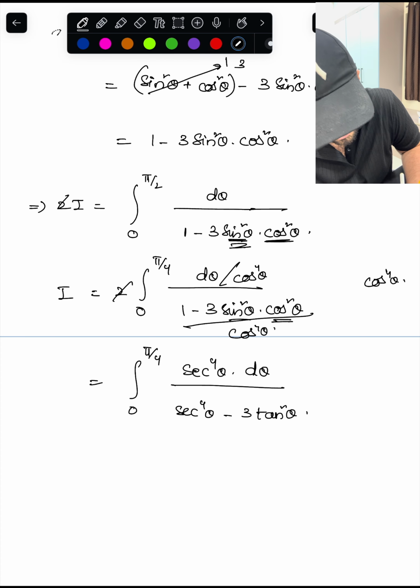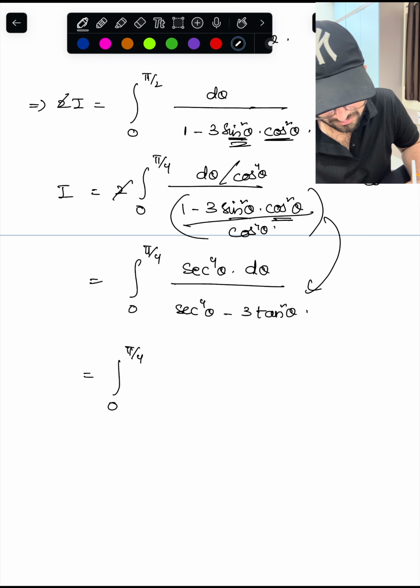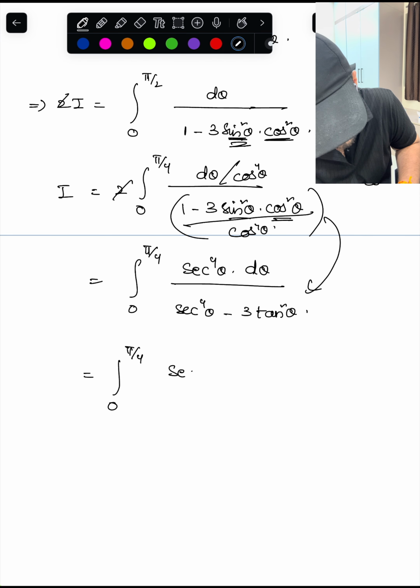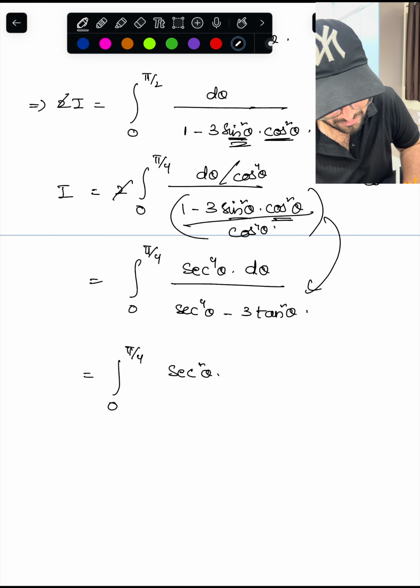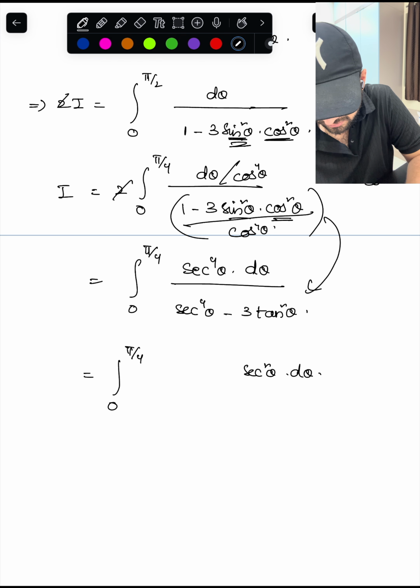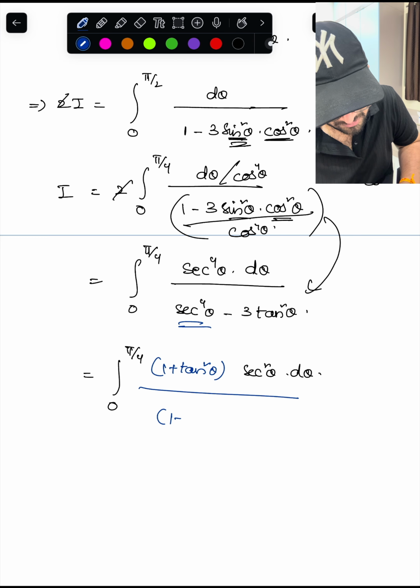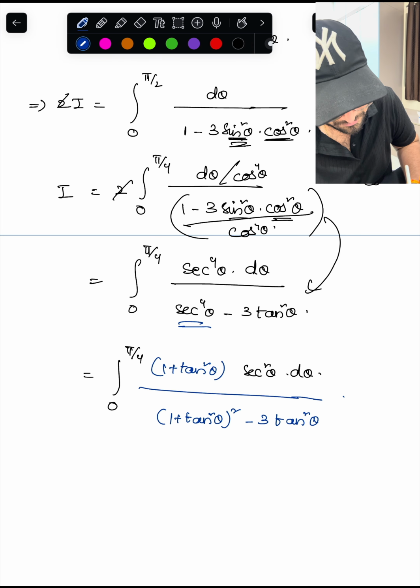Now my target is to convert everything in terms of tan. So I separate one secant square theta d theta, and replace the other secant square theta with 1 plus tan square theta. I write 1 plus tan square theta by 1 plus tan square theta whole square minus 3 tan square theta.